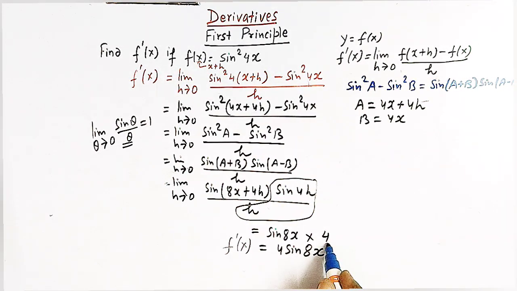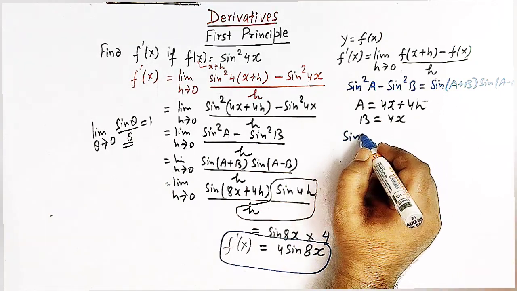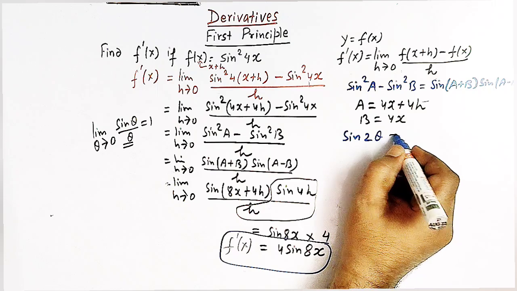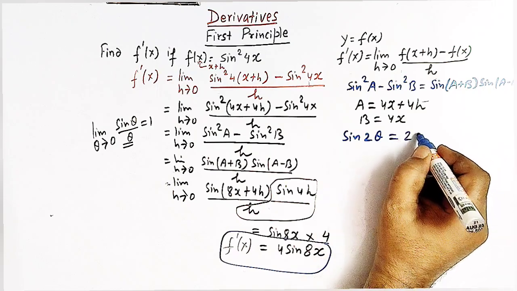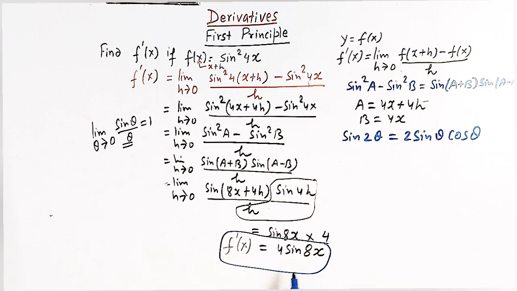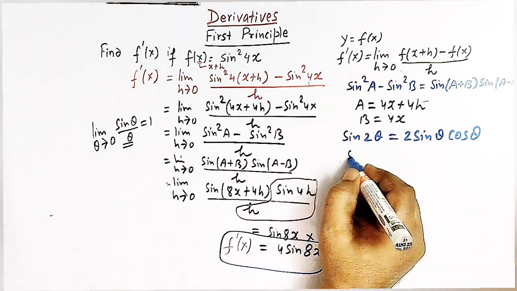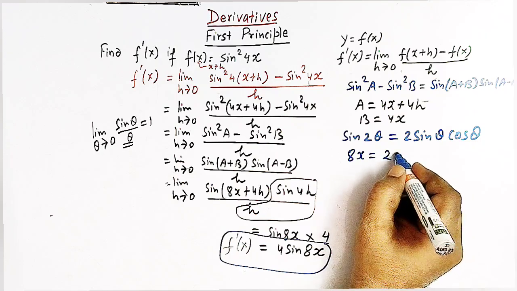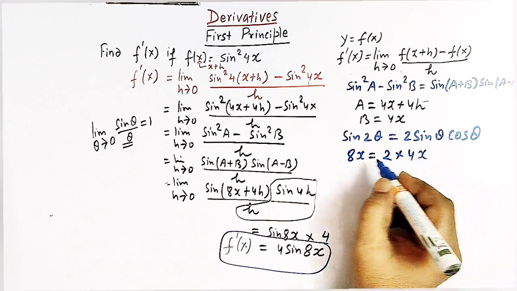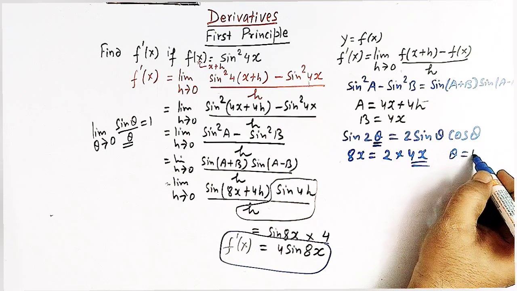So here we can also express this result by using this identity, that is sine 2 theta is equal to 2 sine theta cosine theta, right? So here we can take this 8x as 2 times 4x, so that our theta is equal to 4x.